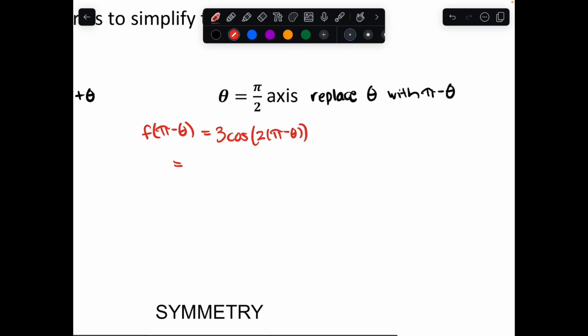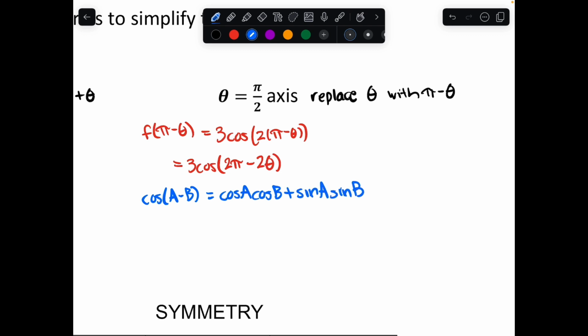We can distribute that out, and we'll have 3 cosine of 2 pi minus 2 theta. Now, we could use this identity, which is cosine of a minus b is equal to cosine of a times cosine of b plus sine of a times sine of b.